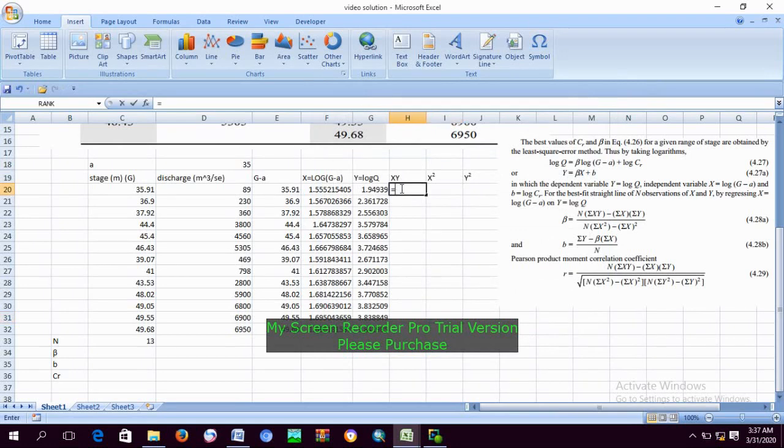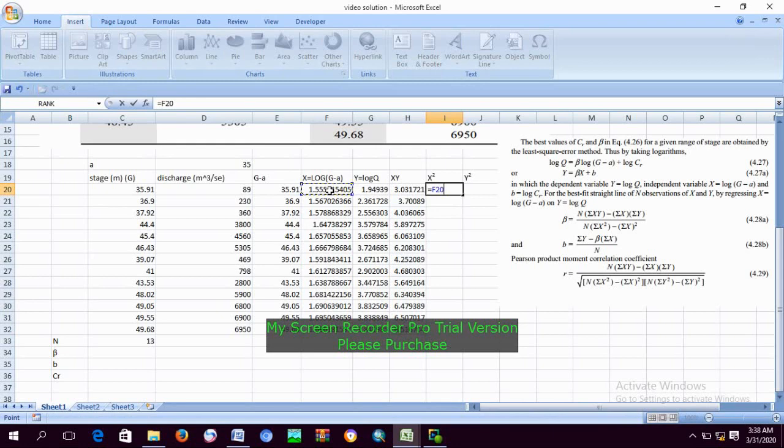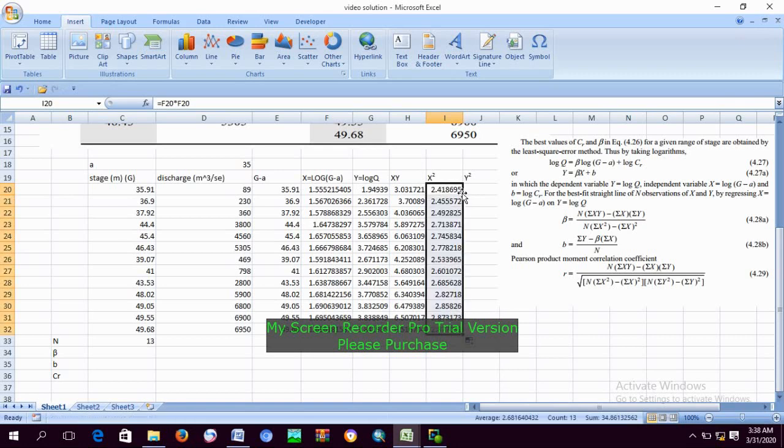We can calculate xy, which is simply the product of x and y: x value times y value, and we can drag this down. Then x square is equal to x times x, and drag.